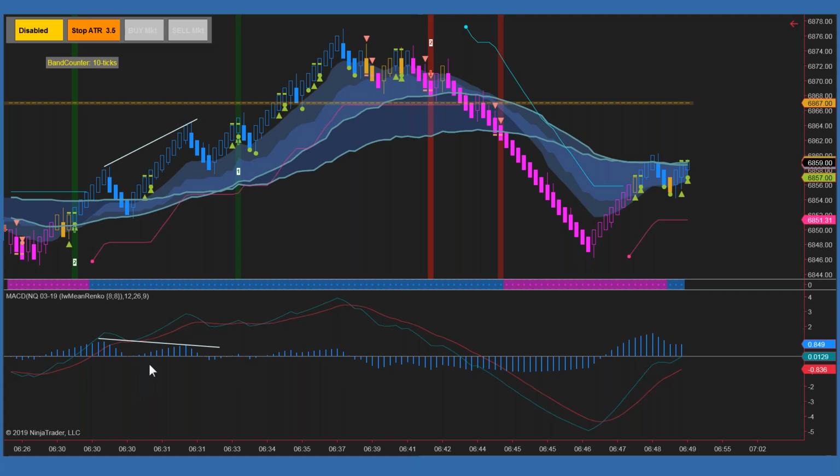Besides showing divergence, however, what a lot of people don't consider is that MACD will also show you momentum. And the way you spot momentum is the same way you spot your divergence. Namely, you see whether your histogram is building or whether it's fading.